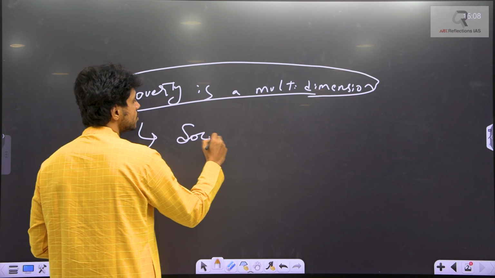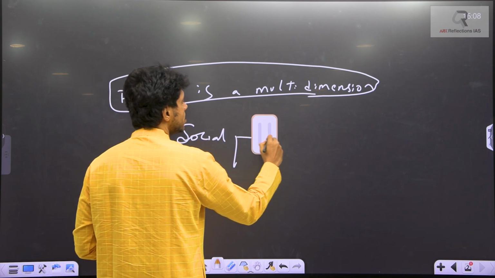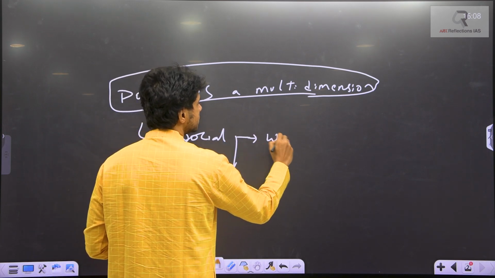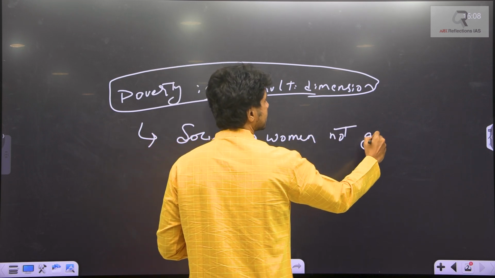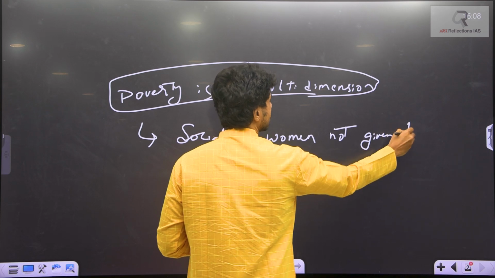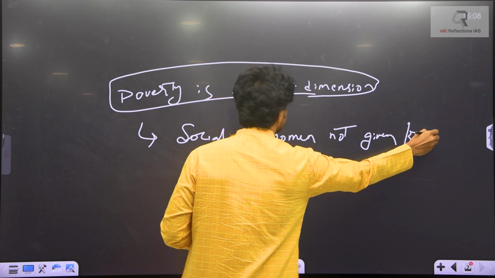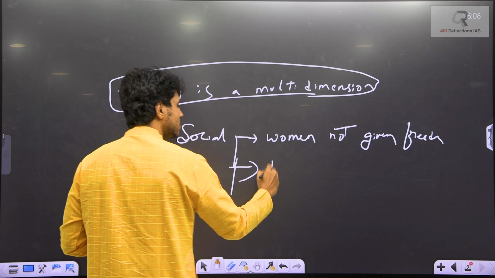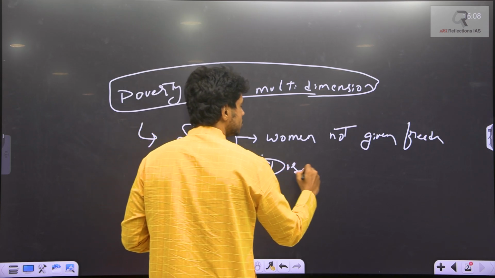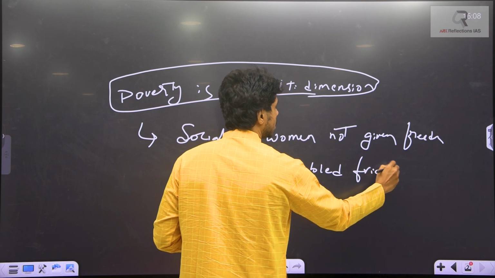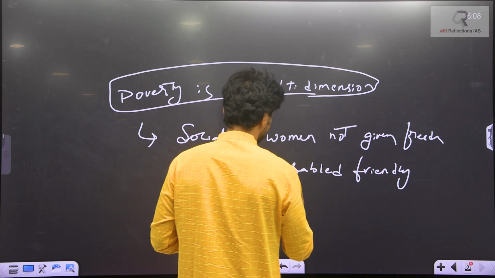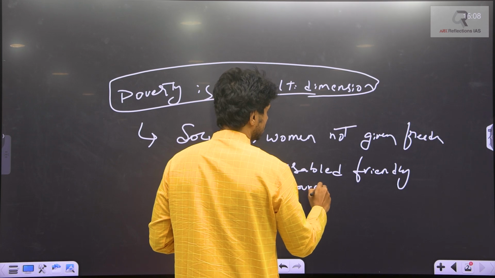On the social front, for suppose, women are not given freedom, or patriarchy, you can say. Or you can talk about disabled-friendly resources not being available.